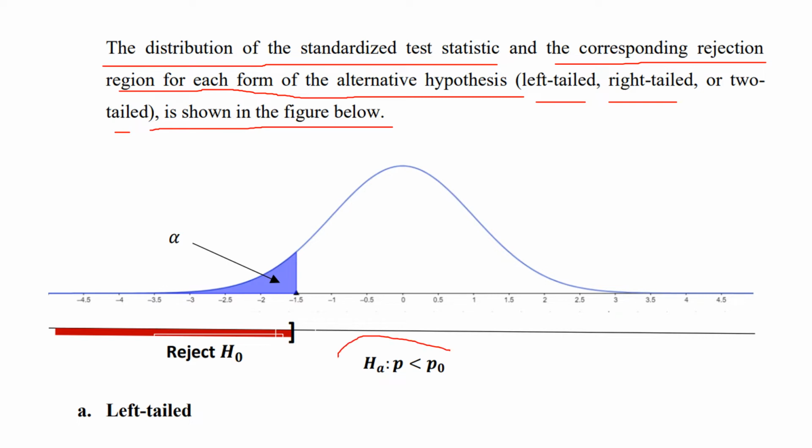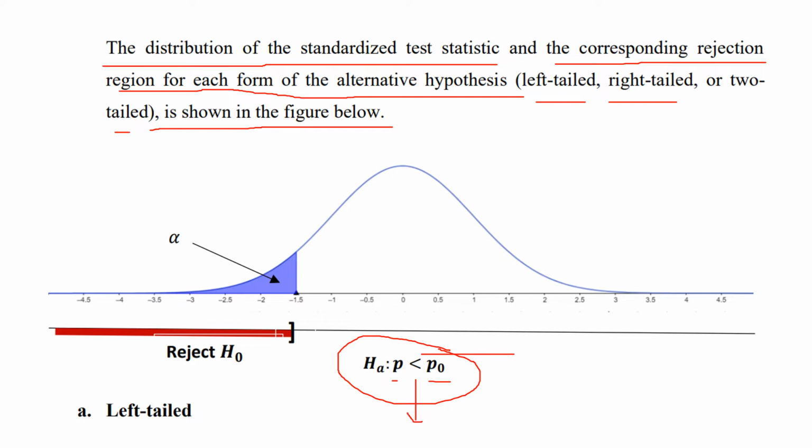Since here in your alternative hypothesis there is a less than symbol, as you can see, your p is less than your p0. Meaning, this less than symbol represents that we're going to subject an area in the left tail of your normal curve, because this belongs to the negative part of your normal curve.